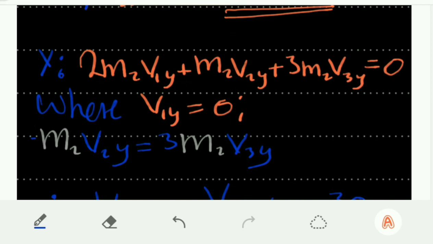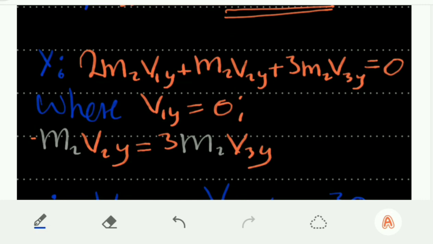We take one term to the other side of the equal sign, and it becomes negative: negative m2 v2y equals 3m2 v3y.